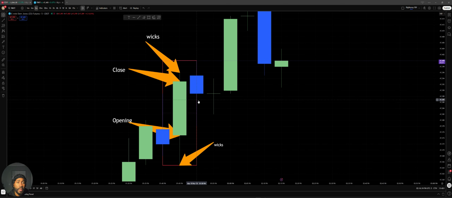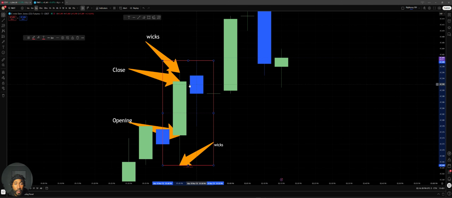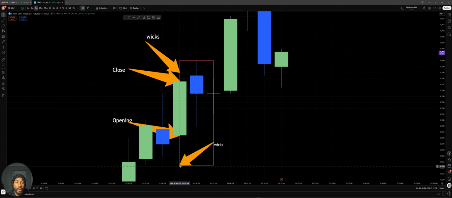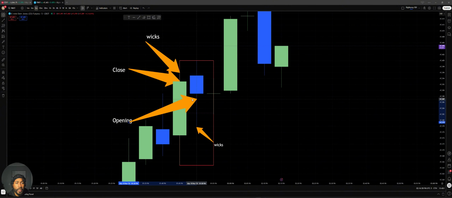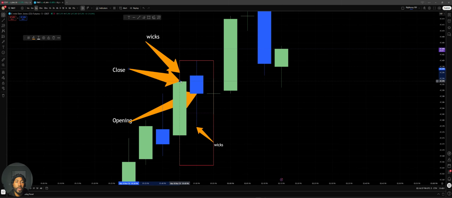Now, same example, but we're going to do it with this bearish candle. Like I said, we're on the 5-minute chart. I'm going to line them all up. The only difference between the bullish and the bearish candle is where price opens and closes.